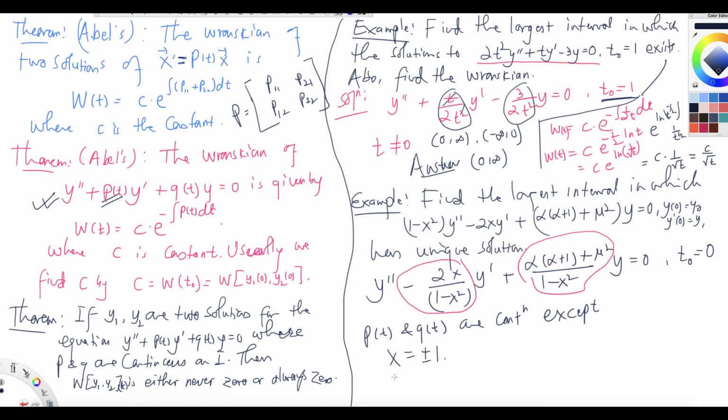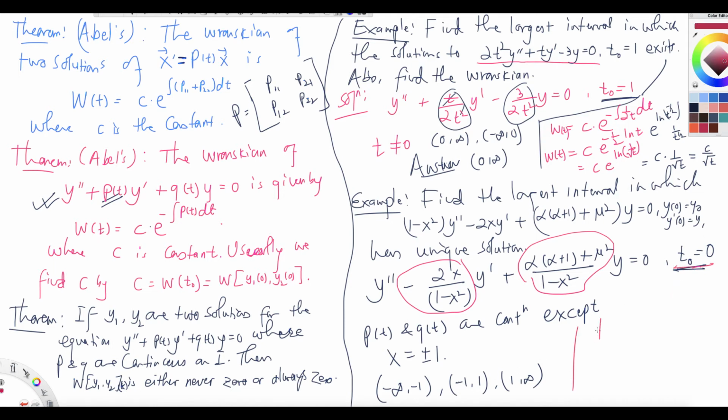Okay, so what are the possible intervals? Negative infinity to negative 1, and another possible interval is negative 1 to 1, and another is 1 through infinity. You see that? So which interval contains the initial value? The initial value is t0 equals 0. So which interval contains 0? Negative 1 to 1.